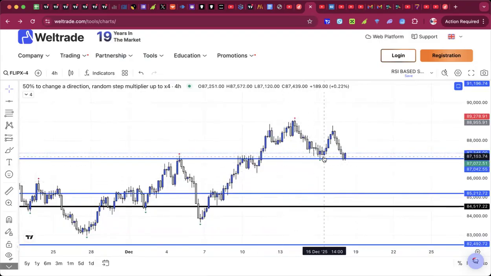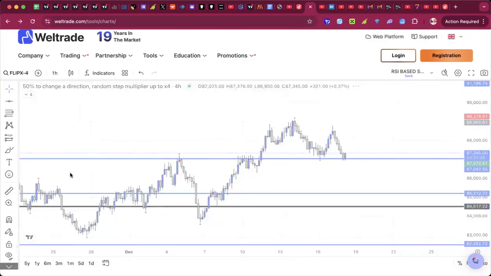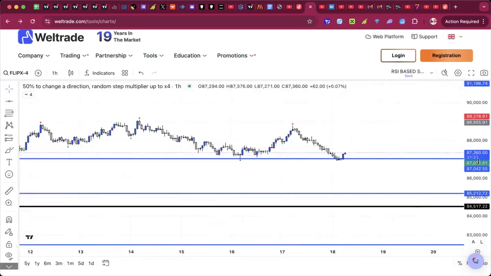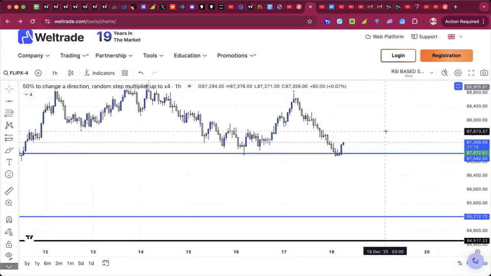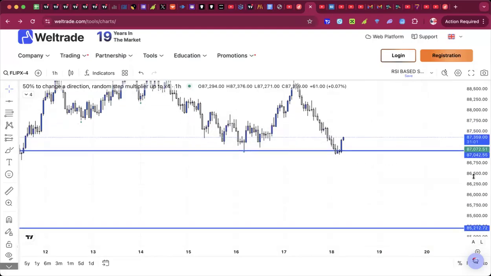I was trying to look at it. So we actually have a break of structure. You have a bounce, a nice market structure shift. It got nice support here. So are we going to be buying, or do we continue to sell? I think the support was strong.